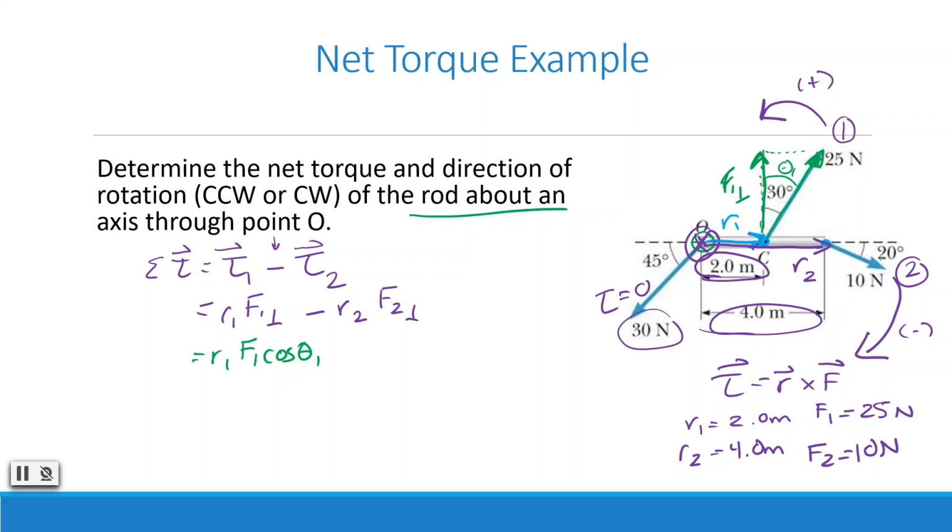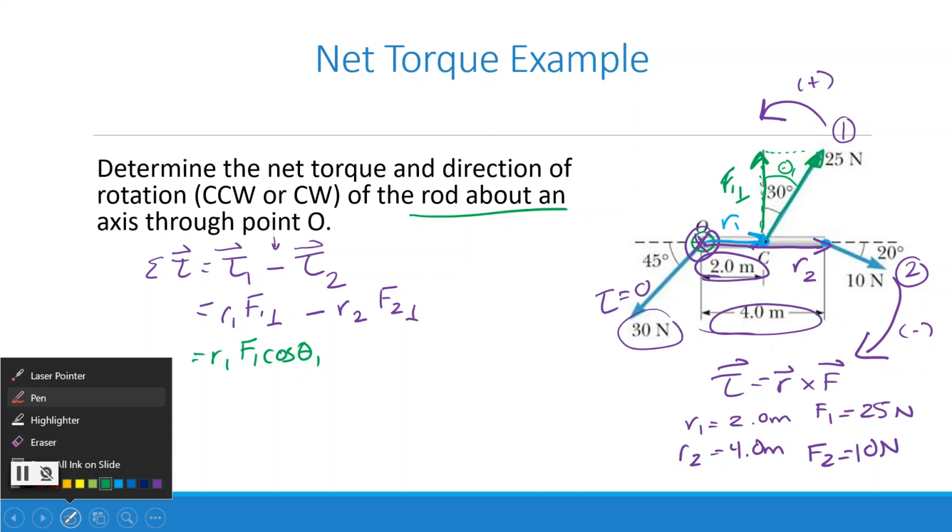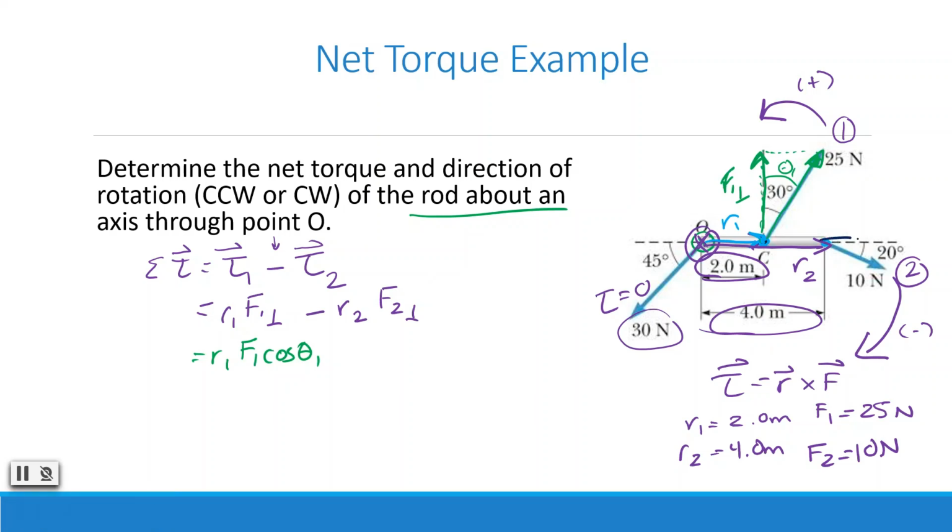Then over here for R2, I'm going to use this triangle. The component perpendicular to the radius is the opposite side right here, so that's F2 perpendicular.